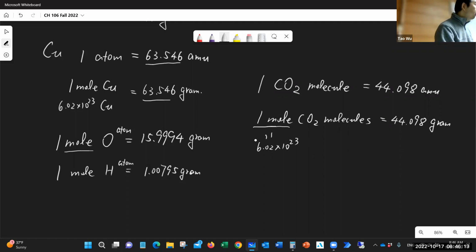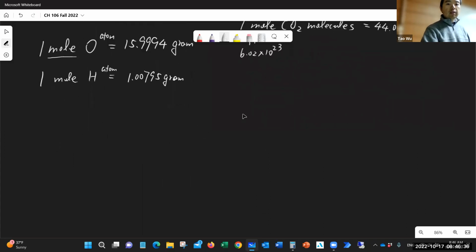That makes sense now? So mole is a number, but if we add those numbers together, we can find a certain number for the molecules or atoms, and those numbers we can find in the periodic table. That is why we're using the mole concept over here.